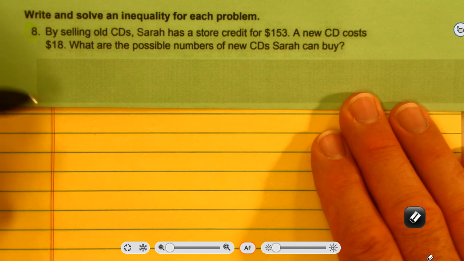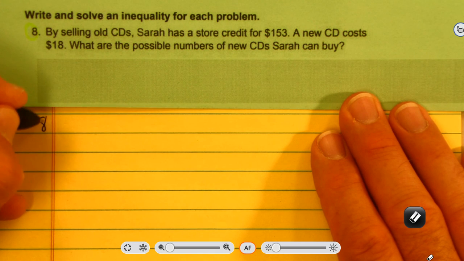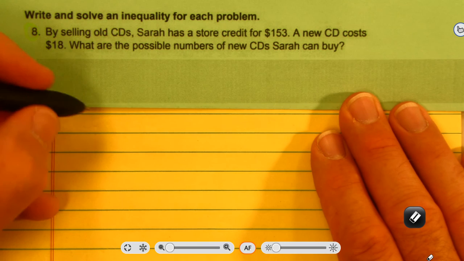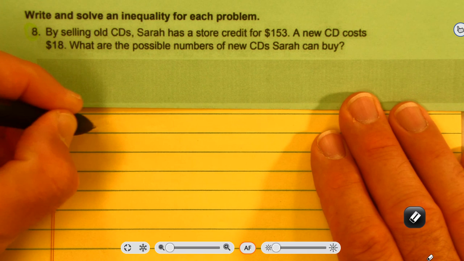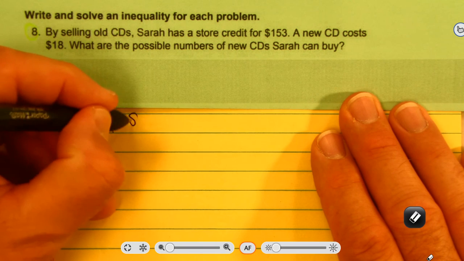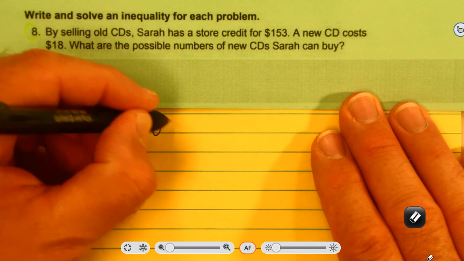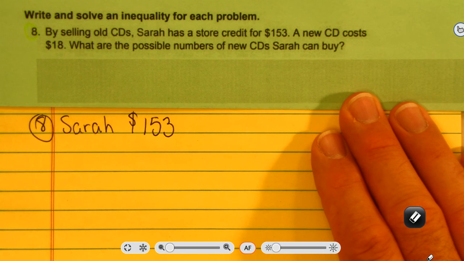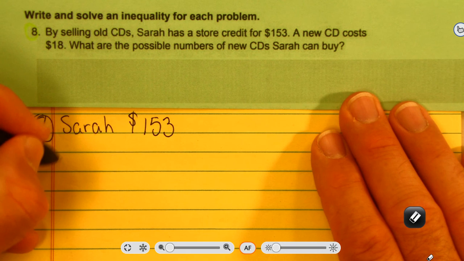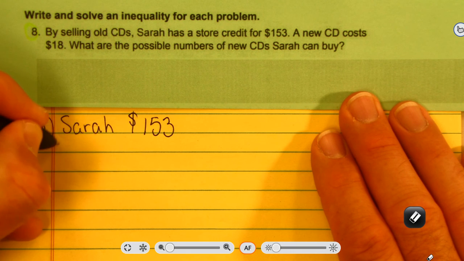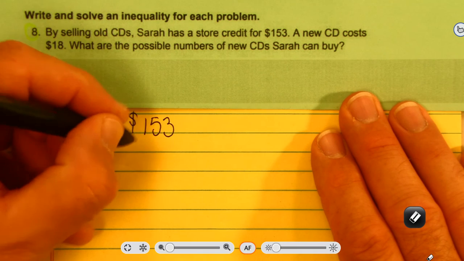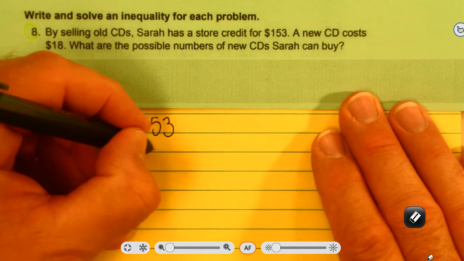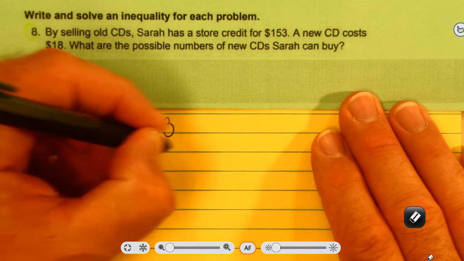Let's write down some information. First of all, for problem number 8, I always put the problem number down. Sarah has in her possession $153. Okay, that's kind of good to know. We also know a new CD costs $18 each.